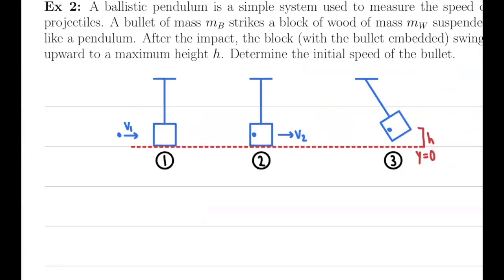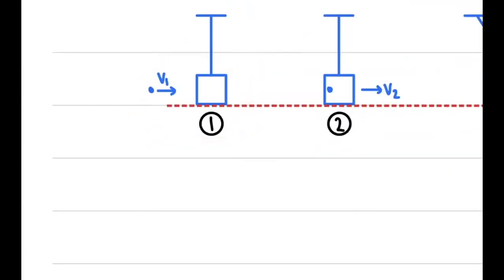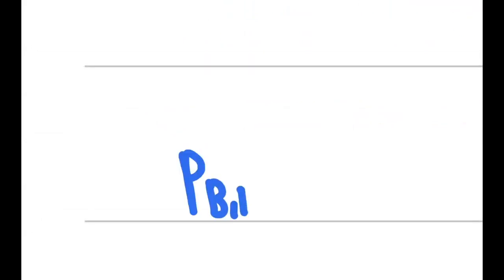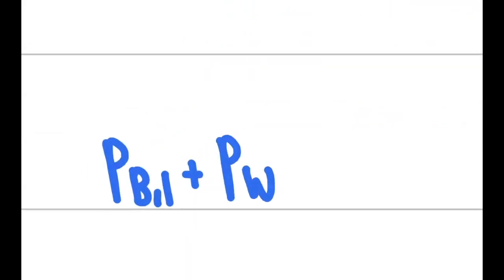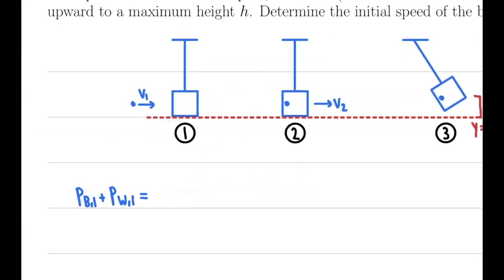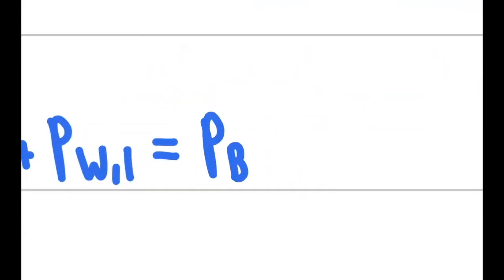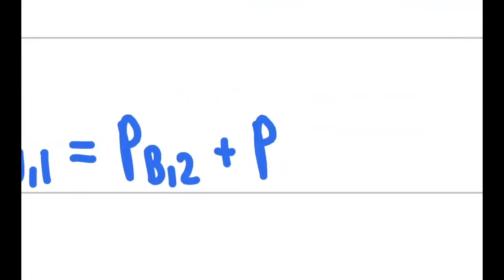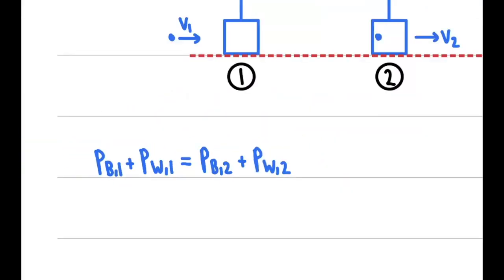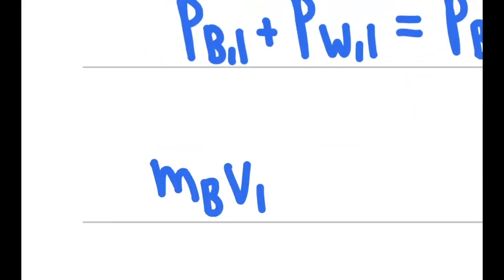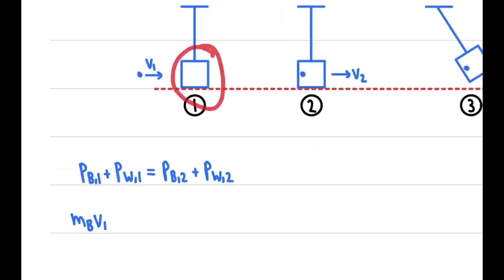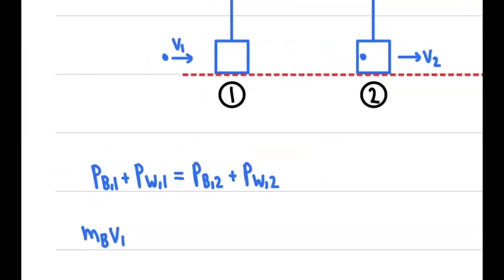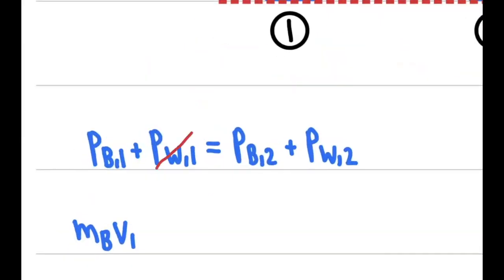So I can say that the total momentum at 1, which is PB1 plus PW1, is going to equal the total momentum at 2, so PB2 plus PW2. PB1 is just MB V1. Initially the block is at rest, so PW1 is 0.